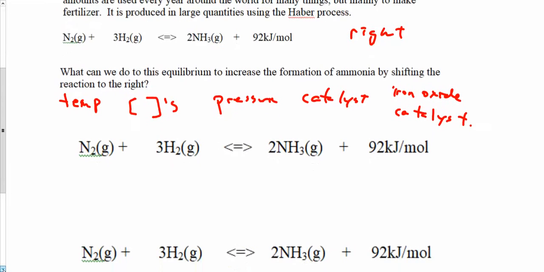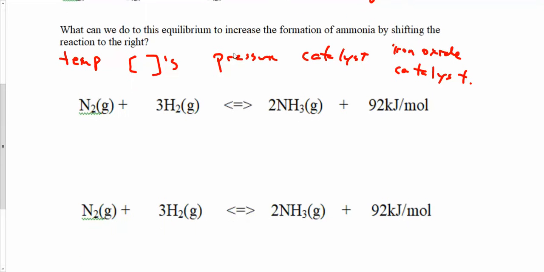What will concentration do? I want to make more of this, so if I want to shift this to the right, what should I constantly be doing with this? I should be sucking out NH3. If I suck out NH3, this stuff will make more to replace it.